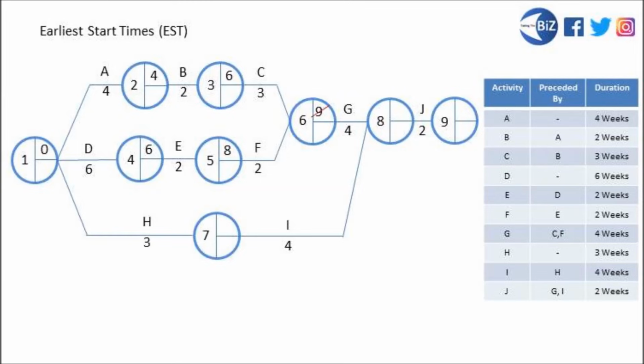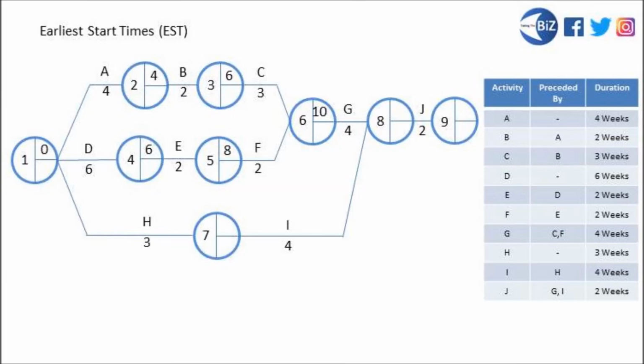What that means is for activity G, although activity C could be done by week 9, that's no use for activity G. Because activity G's got to wait for not just C to be completed, but F as well. And if F can't be completed until 10 weeks in, unfortunately G cannot start until 10 weeks in, which is why we go with the larger number when we've got 2 or more options for our earliest start times.